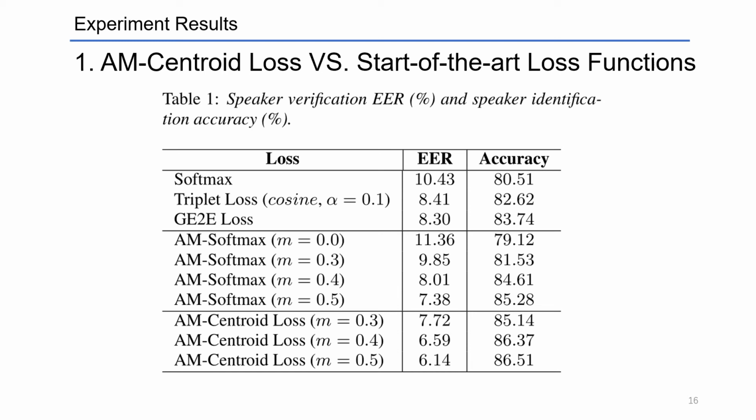Because the value of the angular margin has an important effect on the recognition performance, we test different angular margin values. The results show that the angular margin centroid loss could achieve recognition performance on par with the best of the other loss functions.